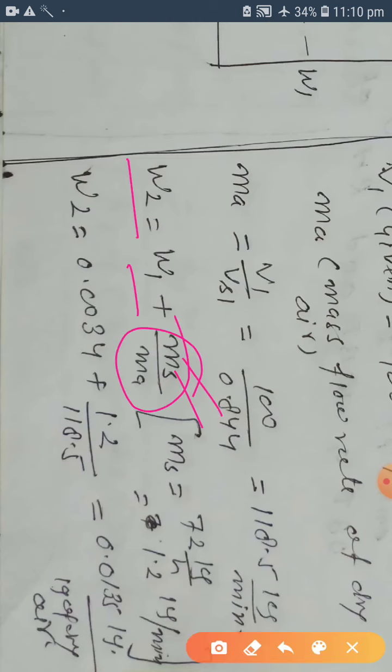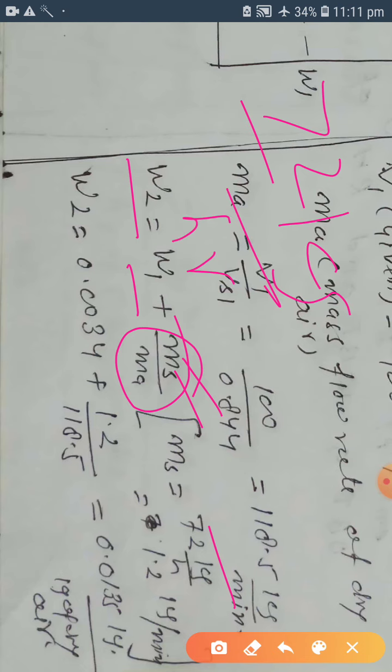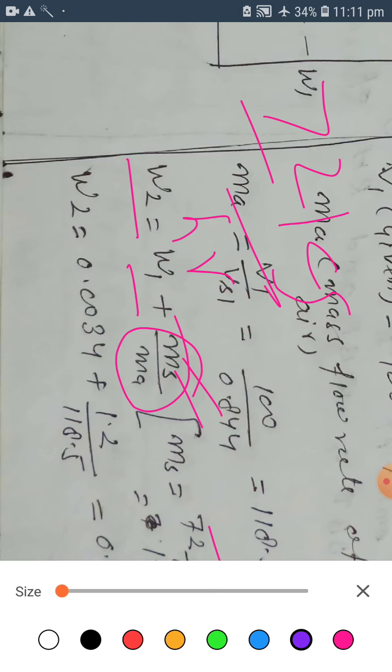Ms is the mass flow rate of the steam, that is 72 kg per hour. Ma is in kg per minute, this is kg per hour. So change it into kg per minute by dividing by 60.